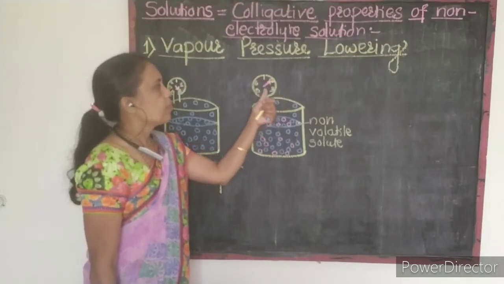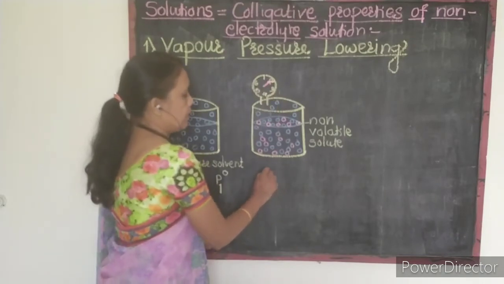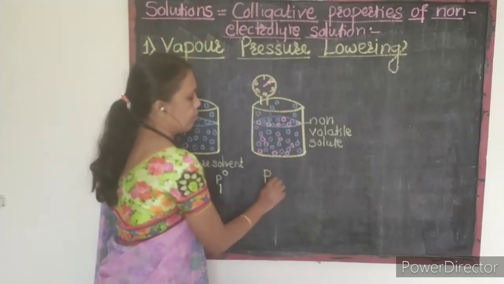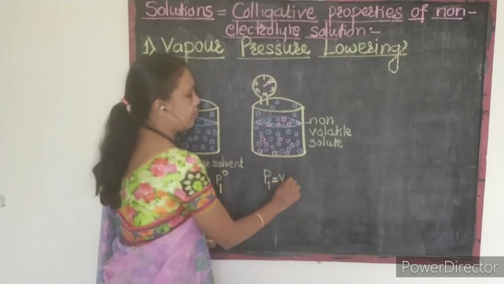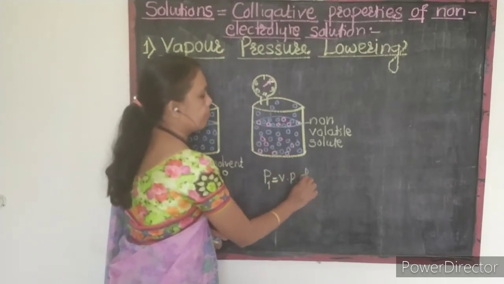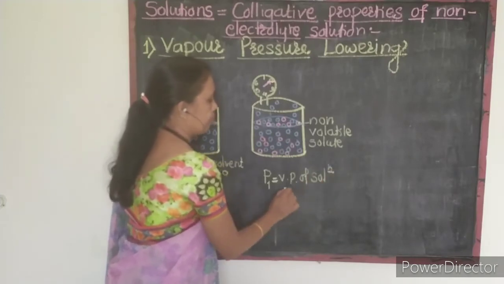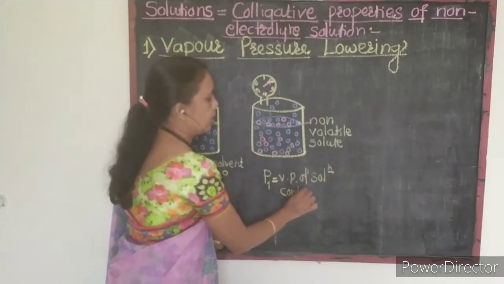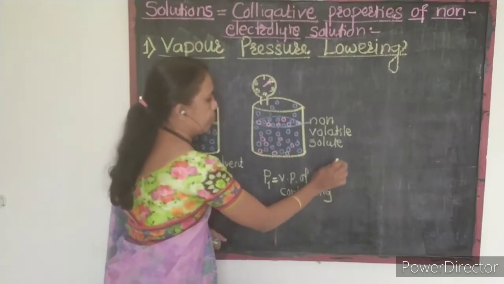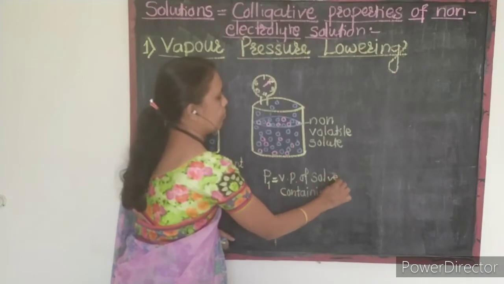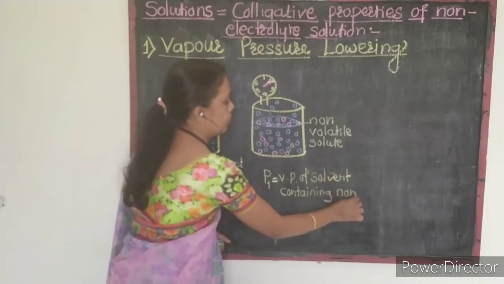We can indicate this by a pattern. Suppose P1 is the vapor pressure of the solution containing non-volatile solute.